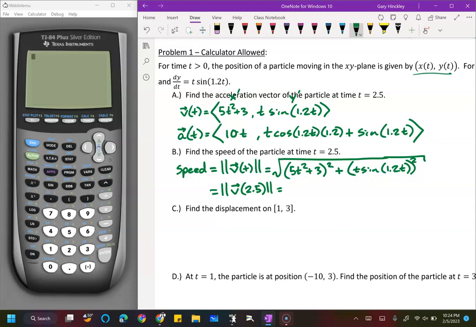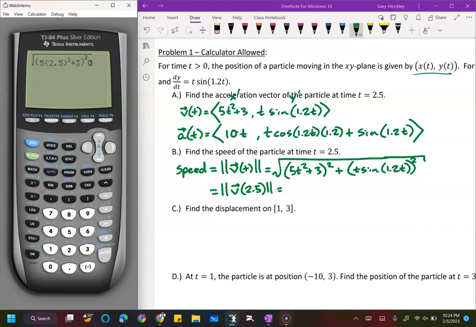So go ahead and plug that into the calculator here, and we'll get our answer. So that should be 5 times 2.5 squared, plus 3. Now that gets squared.